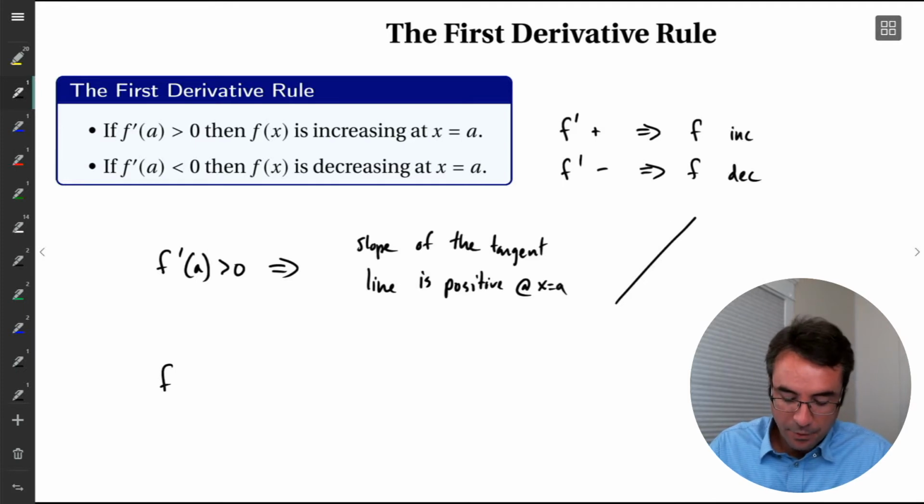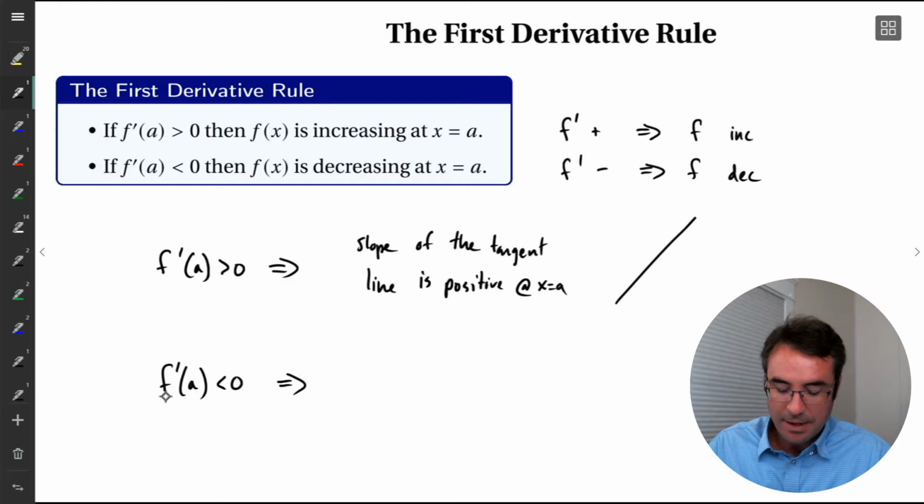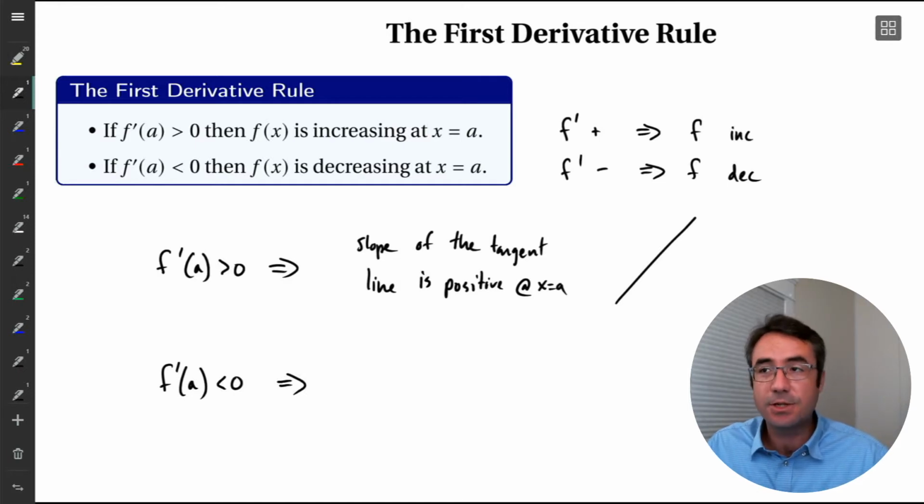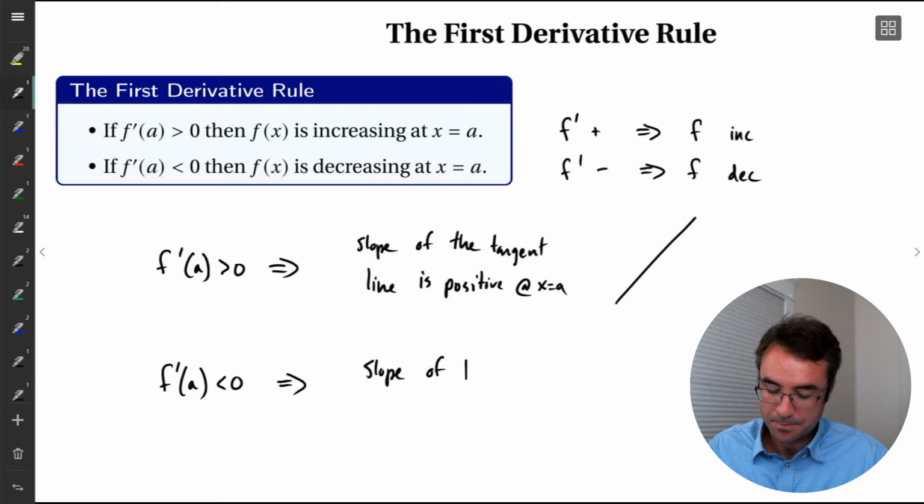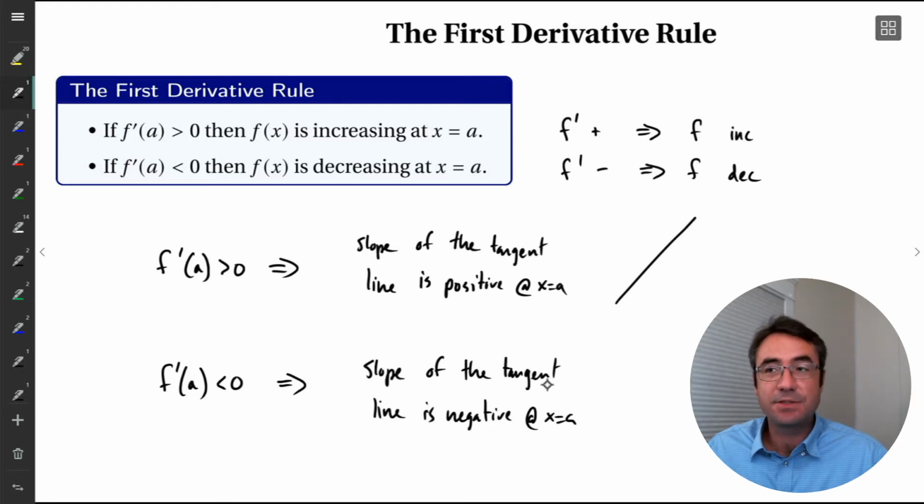Now if f prime was negative, was less than 0, again, f prime is the slope of the tangent line. So that means the slope of our tangent line is negative at x equals a. And what does it mean for a line to have negative slope?